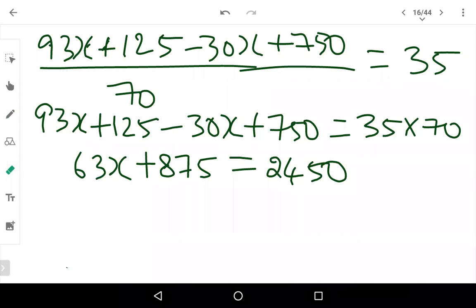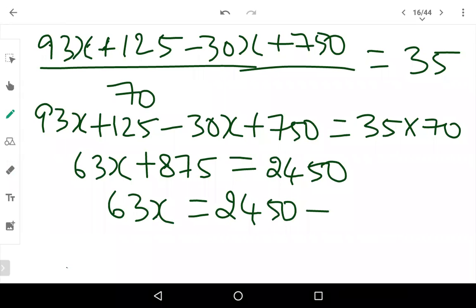Now, next step. 63x is equal to 2450 minus 875. You will not add them, you will subtract them because it is plus 875 and it will become minus 875 on the other side. Now say me the resultant. 63x is equal to 2450 minus 875 will give me 1575.